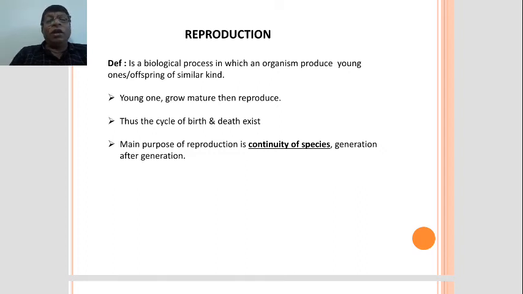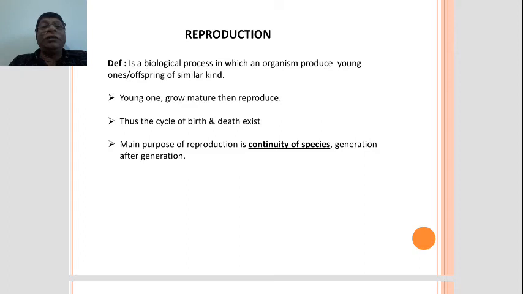It means non-living things do not reproduce. In the reproduction process, an organism produces the young ones. We call them offspring also. The offspring of similar kind. This is very, very important.